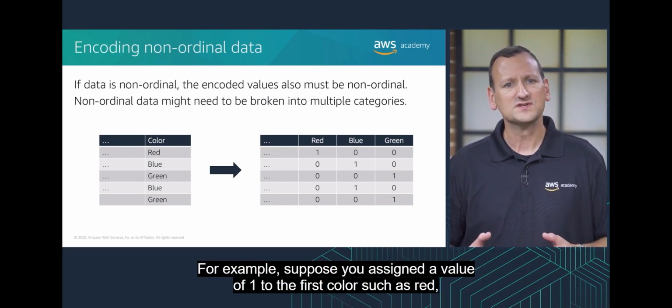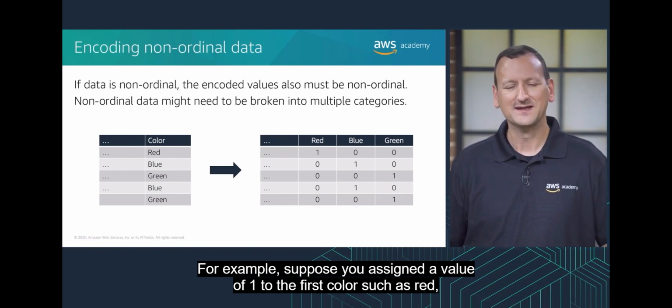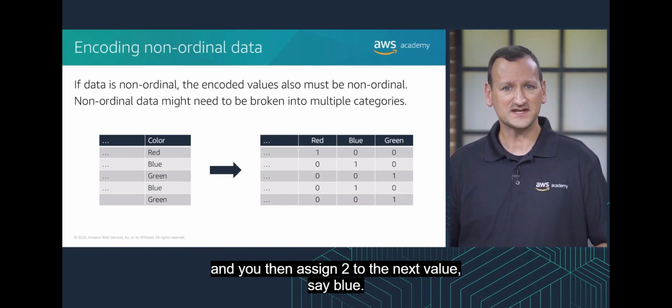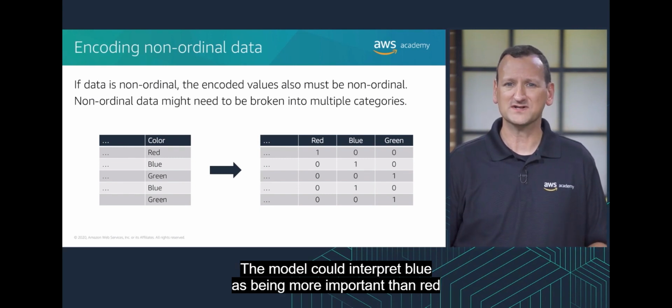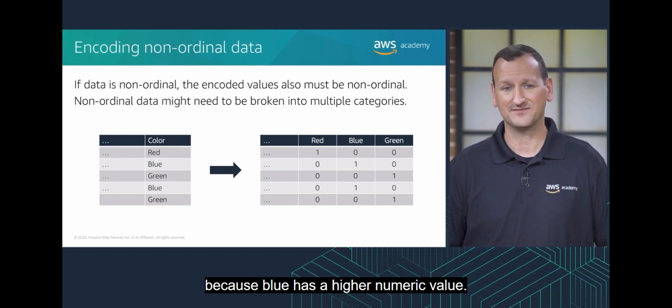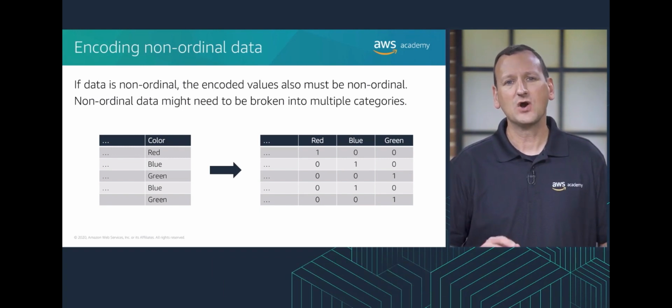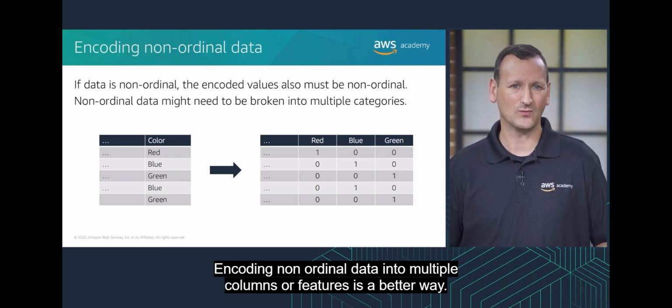For example, suppose you assigned a value of 1 to the first color, such as red, and you then assigned 2 to the next value, say blue. The model could interpret blue as being more important than red because blue has a higher numeric value.